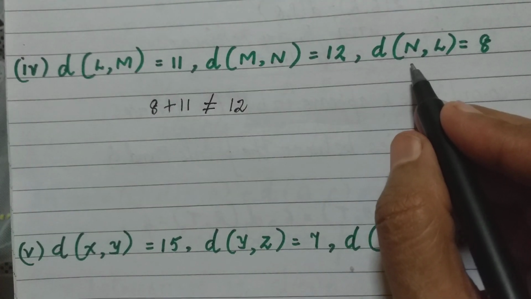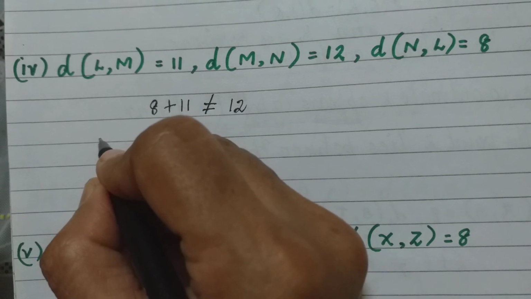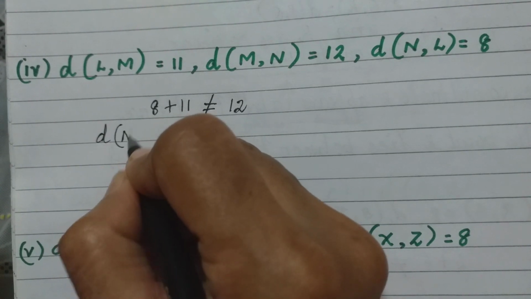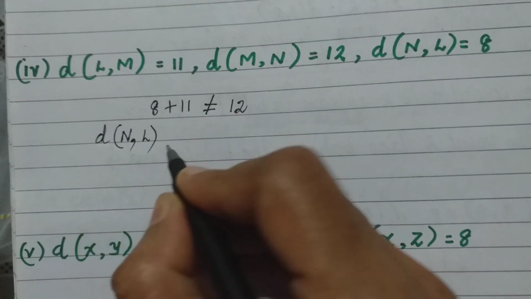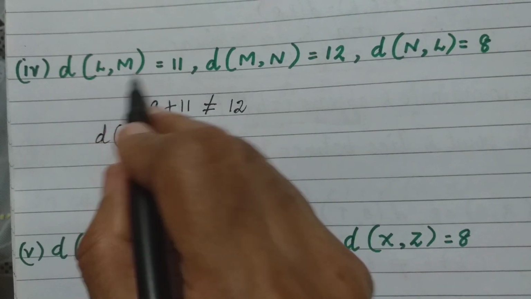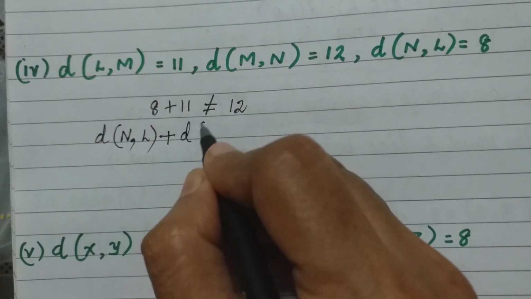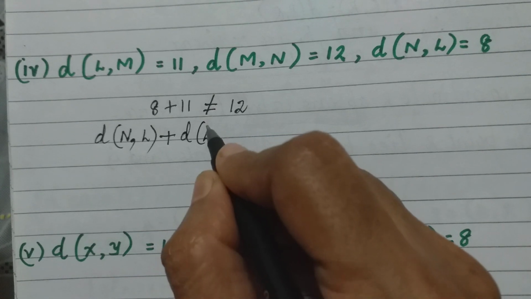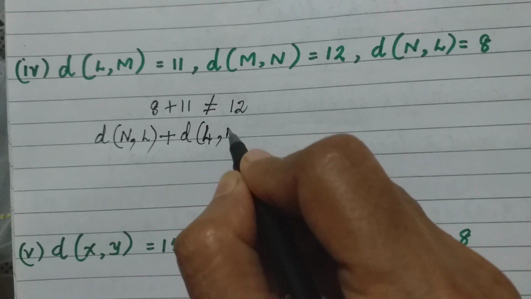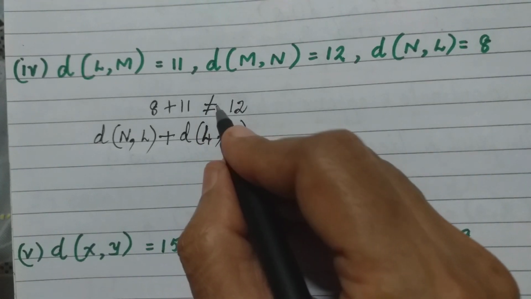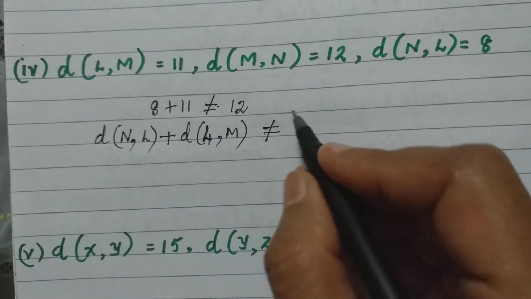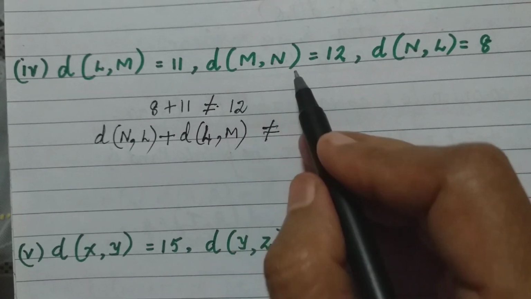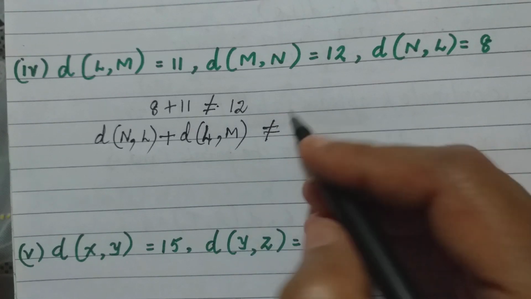What is 8? Distance between the points N and L. So distance between the points N and L plus distance between the points L and M is not equal to, this is 12 here, and what is 12?